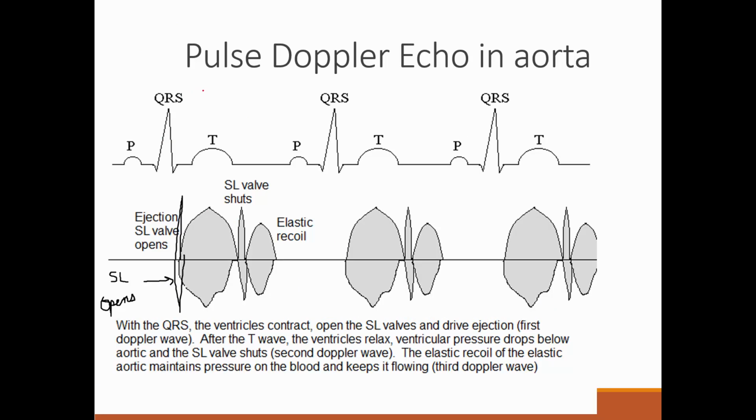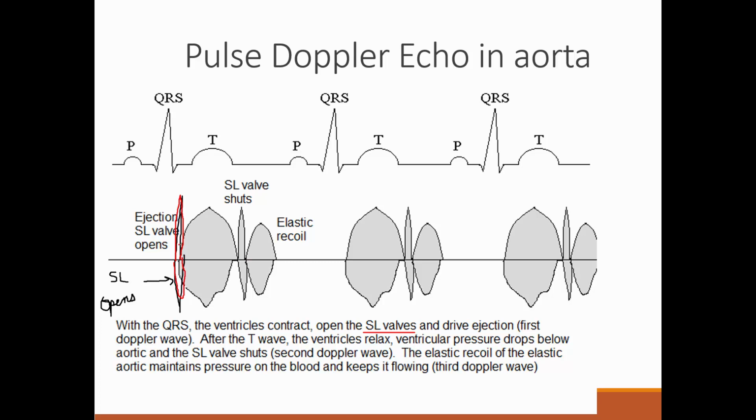Now, Dr. Katz also showed you a pulse Doppler echo in the aorta. So we have a QRS. Then the ventricles contract, and when the ventricles contract, we should open the semilunar valves. In this particular case, we saw the signal of the semilunar valves opening. A couple of years ago when I made this diagram, we didn't see the signal that year.